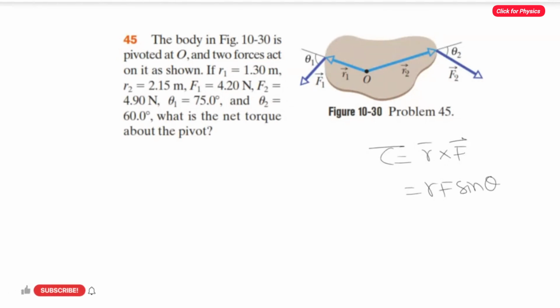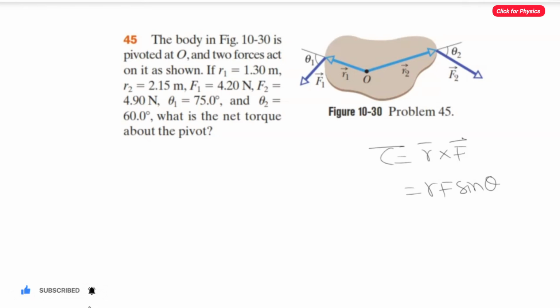Now you can see in this figure, the body is given and two forces are acting on it, and also from the point O, the value of R1 is given, likewise R2 is given, theta 1 and theta 2 are given, all the values are given. The only thing we have to do is substitute the values in the formula, and after that find the value for the net torque.